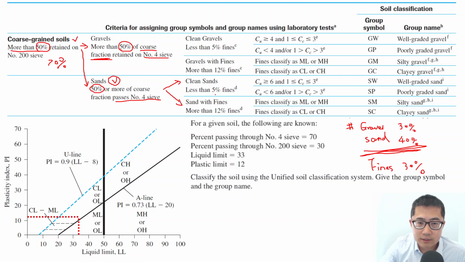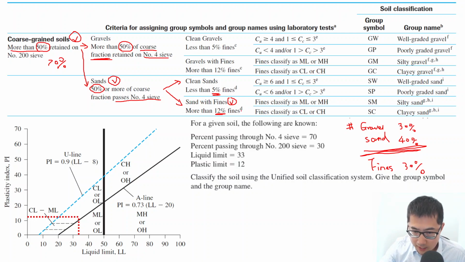If you have less than 5% of fines, we're going to call this clean sands. And if you have more than 12%, which is our case because we have 30%, so we are looking at this one over here. Let's check this one as well. So we're talking about sand with fines.